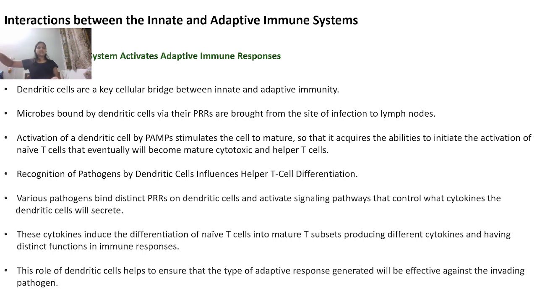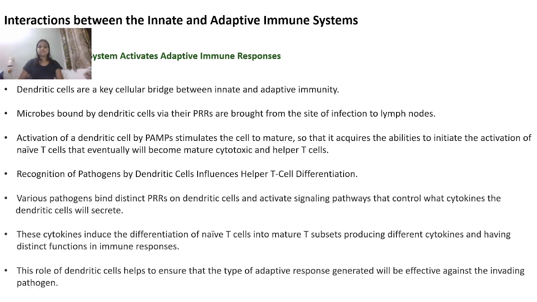And these naive T cells are in the lymph node. So dendritic cells are bringing these microbes to the lymph node where they are recognized by these B and T cells, which are then getting activated and differentiated into cytotoxic and helper T cells. Then various pathogens bind distinct PRRs on dendritic cells and activate signaling pathways that control what cytokines the dendritic cells will secrete.